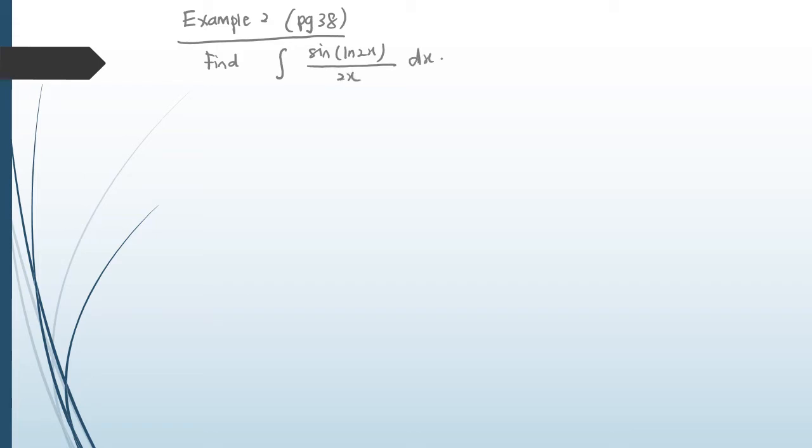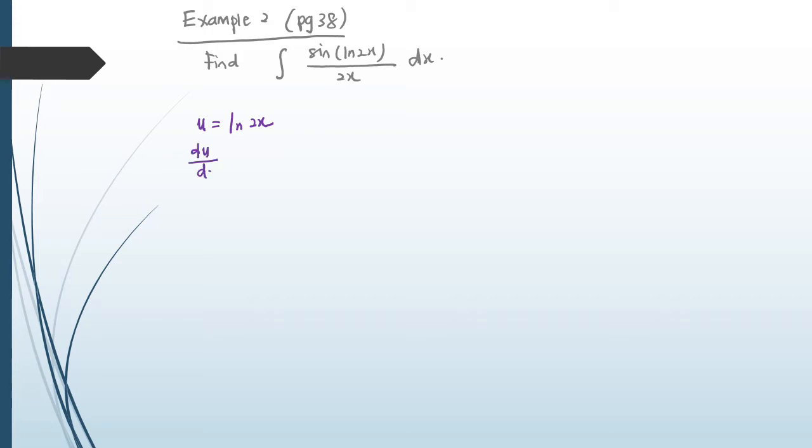There wouldn't be any formula that you can use in order to solve this integral, hence substitution would be the last resort. What is the right substitution? We usually take things that are in brackets as the substitution. Hence, for this case, u equals ln 2x.